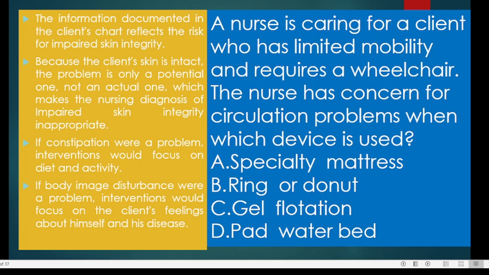The problem is only a potential one, not an actual one, which makes the nursing diagnosis of impaired skin integrity inappropriate. Okay. If constipation were a problem, intervention would focus on diet and activity. And if body image were a problem, intervention would focus on the client's feelings about himself or herself. Okay.